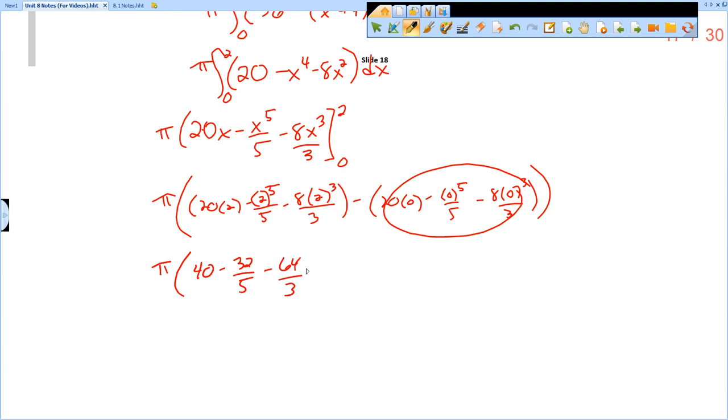And so now I need a common denominator of 15. So I'm going to multiply the 40 by 15 over 15, the 32 by 3 over 3, and the 64 by 5 over 5. All right, so 40 times 15, 40 times 10 is 400, so 600, right?